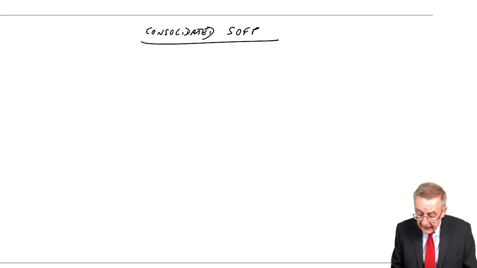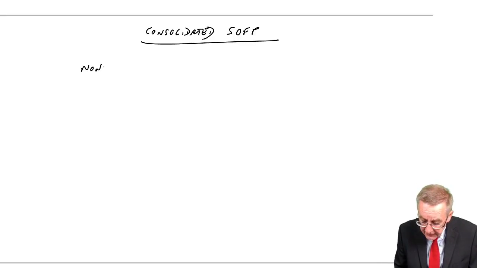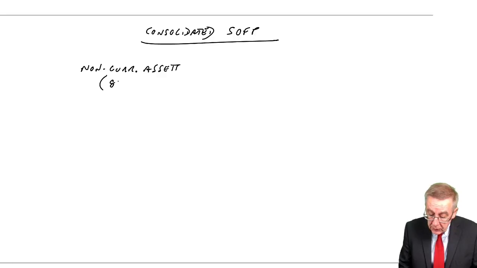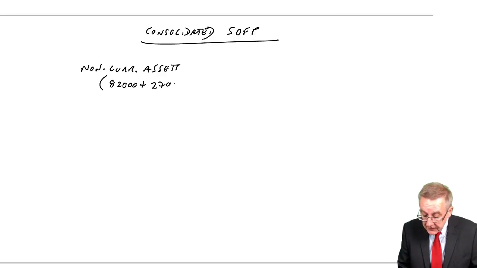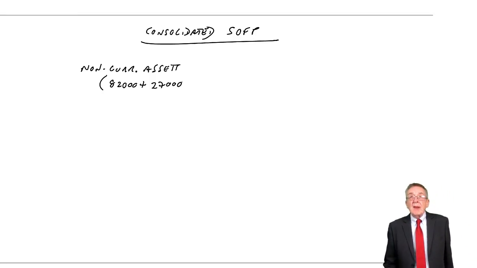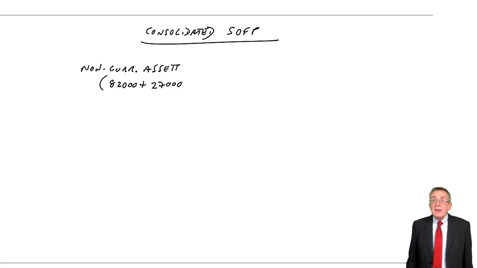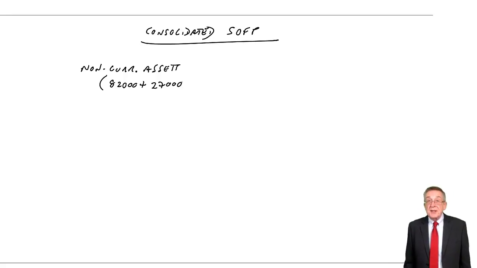Basically, we add up, be careful, first of all, the non-current assets. P, 82,000. S, 27,000. However, appreciating S's statement, they'll have shown non-current assets at the carrying value.